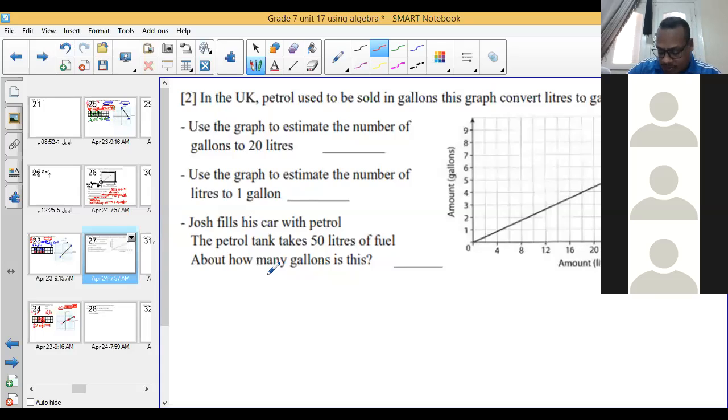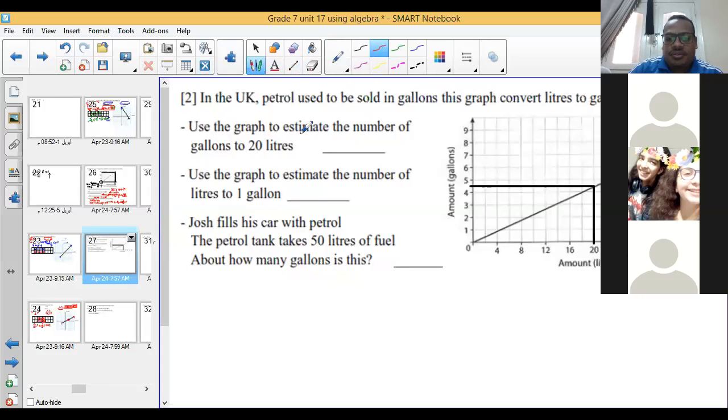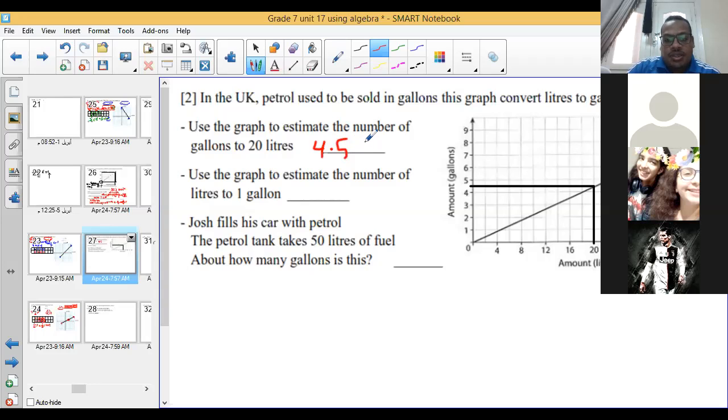We can draw lines like this. So approximately what? 4.5. Okay, 4.5 gallons.